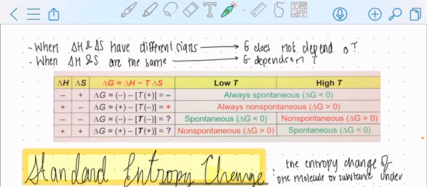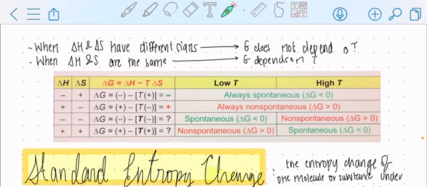It's important to remember how the equation works and to know the different signs. So we have to understand that when the enthalpy is negative and the entropy is positive, the reaction will always be spontaneous. And when the enthalpy is positive and the entropy is negative, the reaction will always be non-spontaneous.